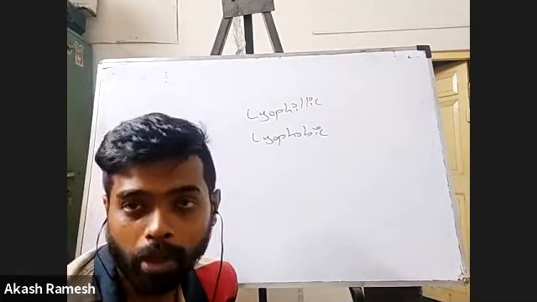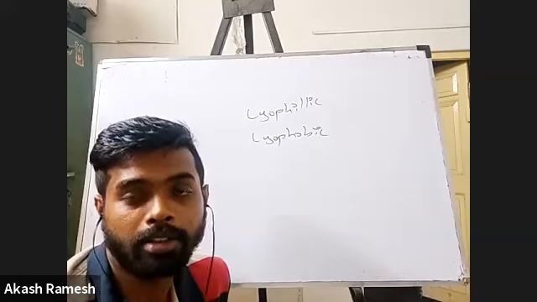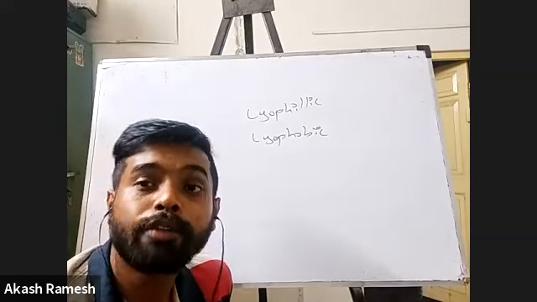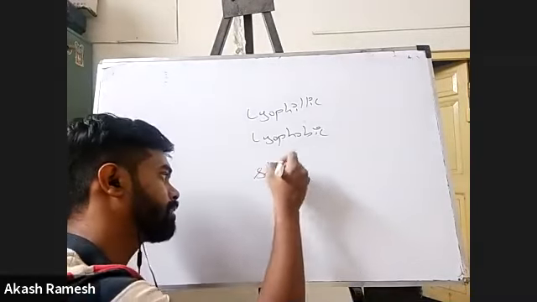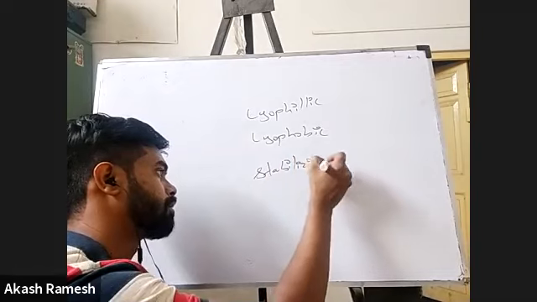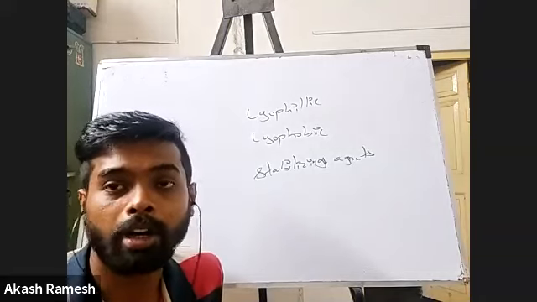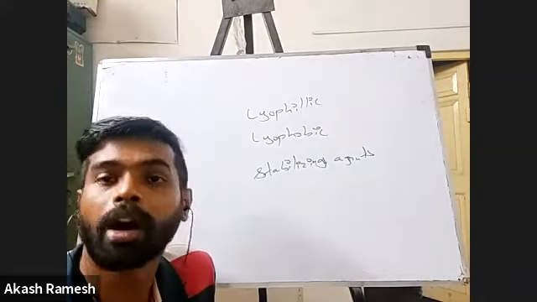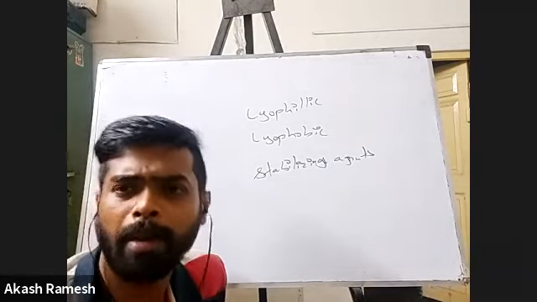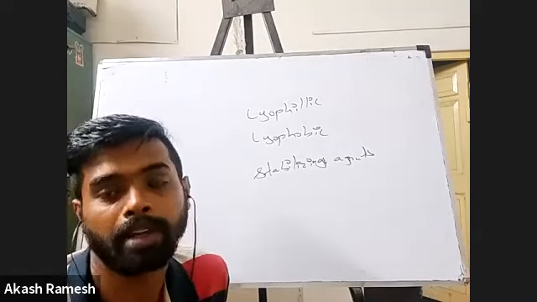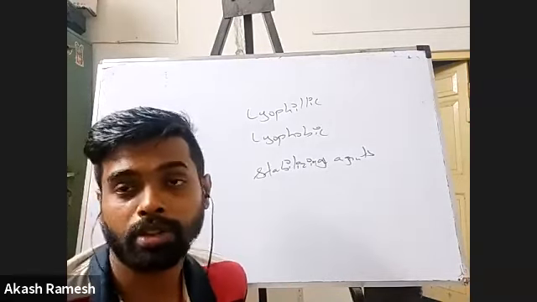So sometimes you want to stabilize the lyophobic colloids, and you add lyophilic colloids as stabilizing agents. These stabilizing agents are nothing but some other lyophilic colloid, which stabilizes the lyophobic colloid. Okay, right. So these are all the classifications of colloids.